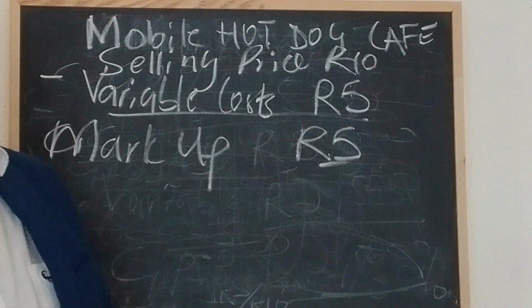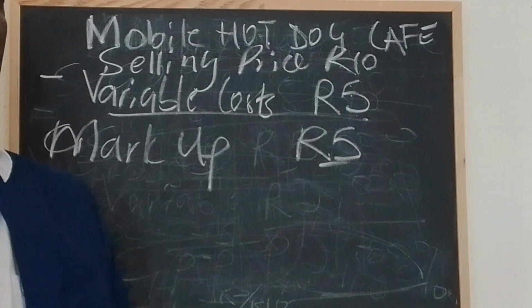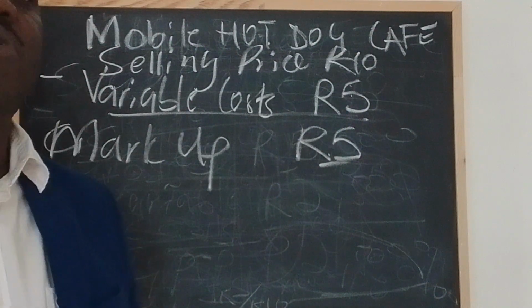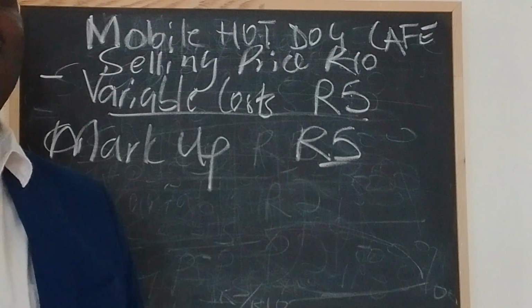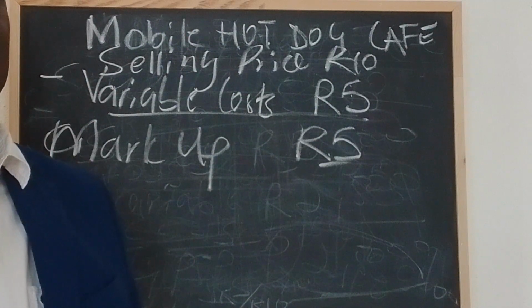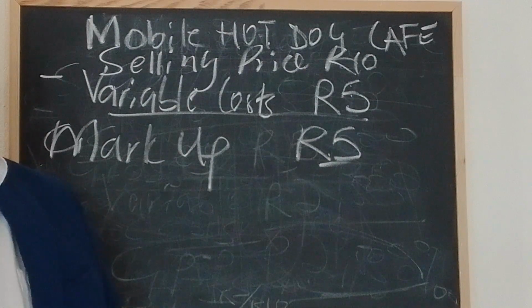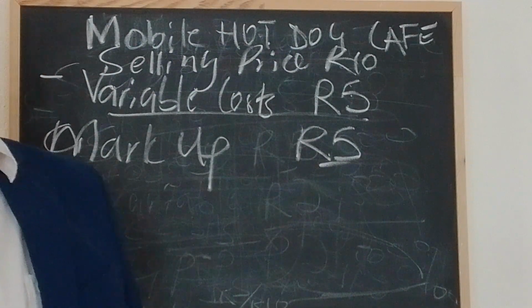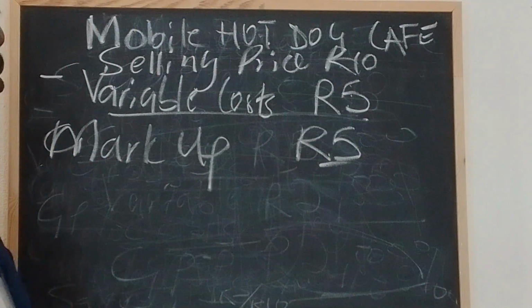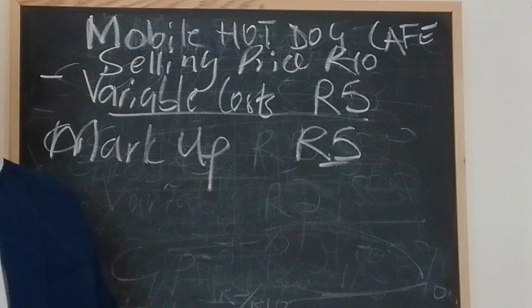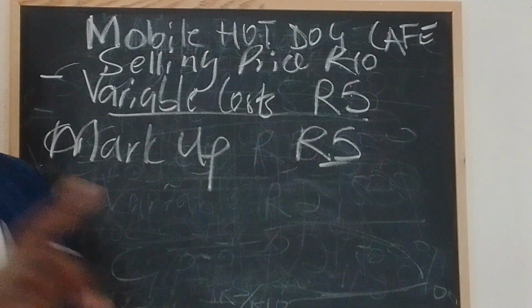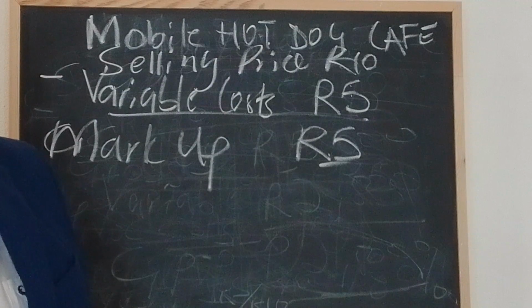Because markup and gross profit in monetary terms, in nominal terms, are the same. The formula for calculating it, the amount that you'll get for gross profit per unit and markup per unit, is going to be the same. But that is where the similarity ends.